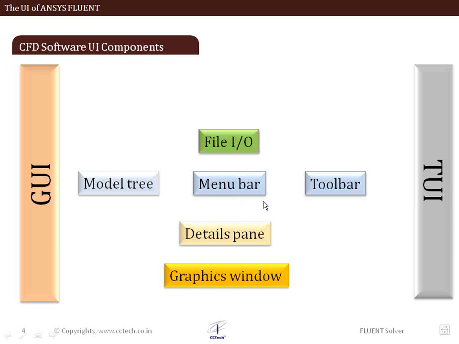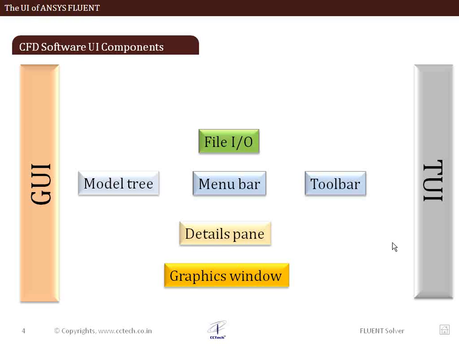It should have a menu bar, a toolbar for shortcut, and of course you should have the possibility to see the results. That's a graphics window. And we are also expecting that you should be able to interact through a text user interface with the software, wherein you can define the boundary conditions and the details of the different numerics of the given problem. So you have a GUI and a TUI based CFD software UI, which is usually what you encounter.